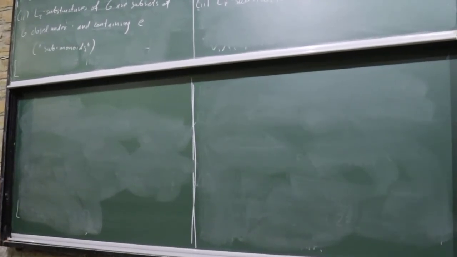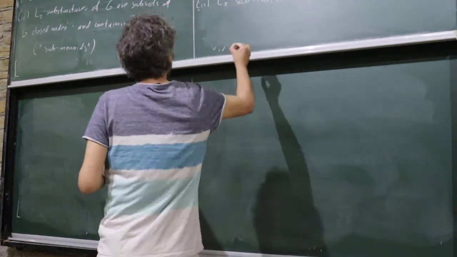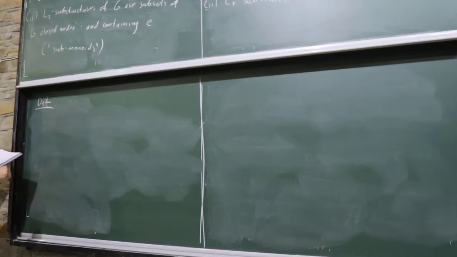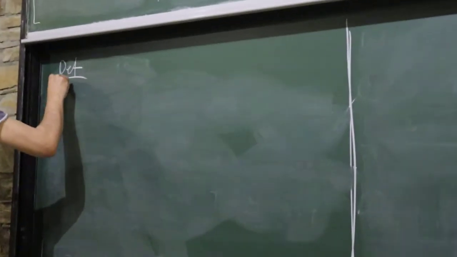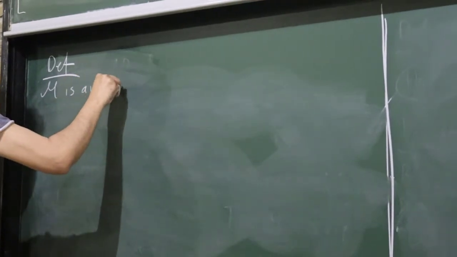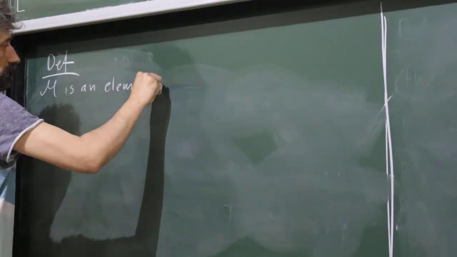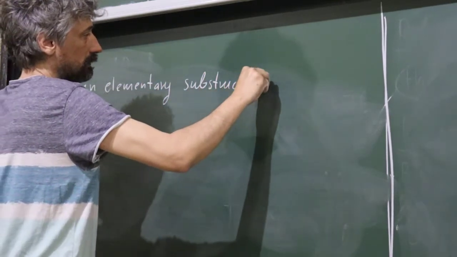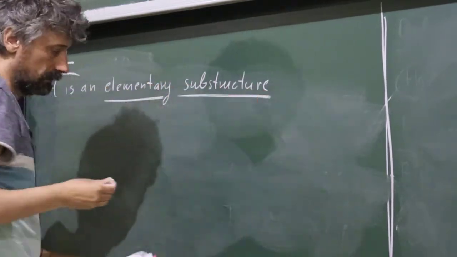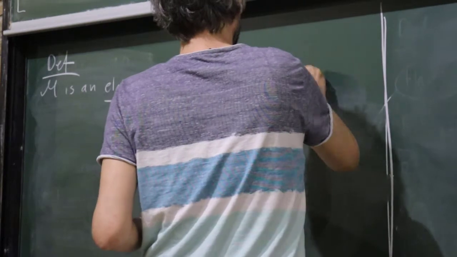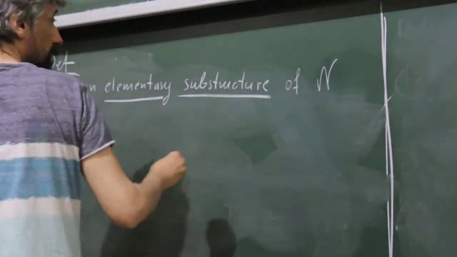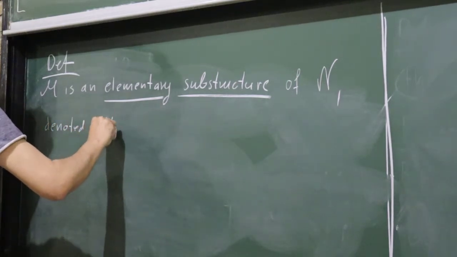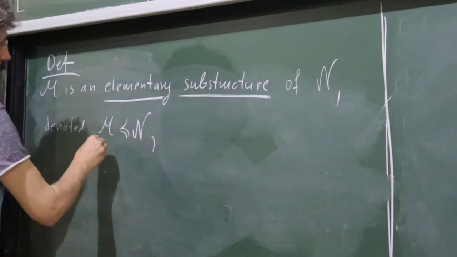Okay. Finally, the interesting notion, last definition. So M is an elementary substructure of N, and this is denoted like this.